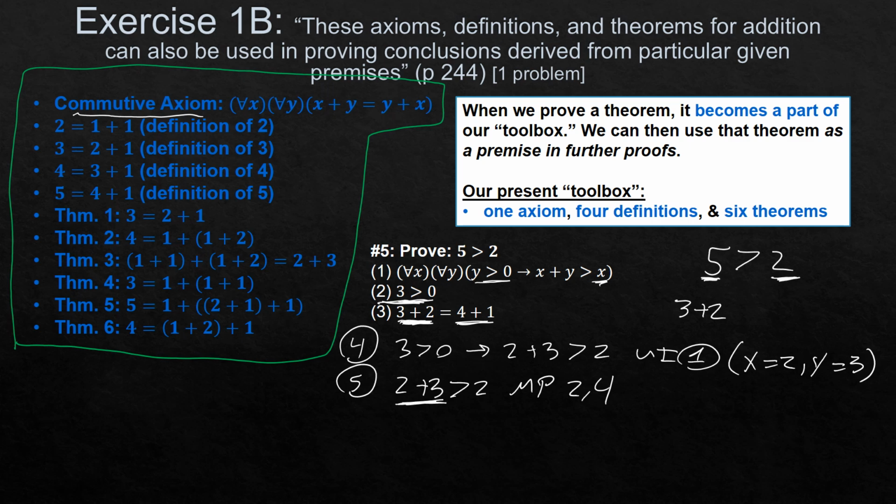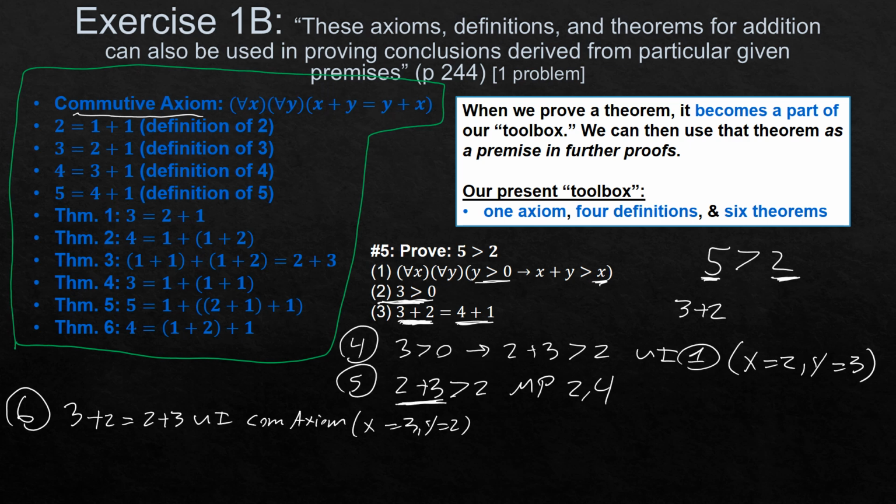Thus the first thing we should do is just say that 3 plus 2 is identical with 2 plus 3. So for line 6, we'll say that 3 plus 2 is equal to 2 plus 3 by the universal instantiation of our commutative axiom, with x being 3, y being 2.